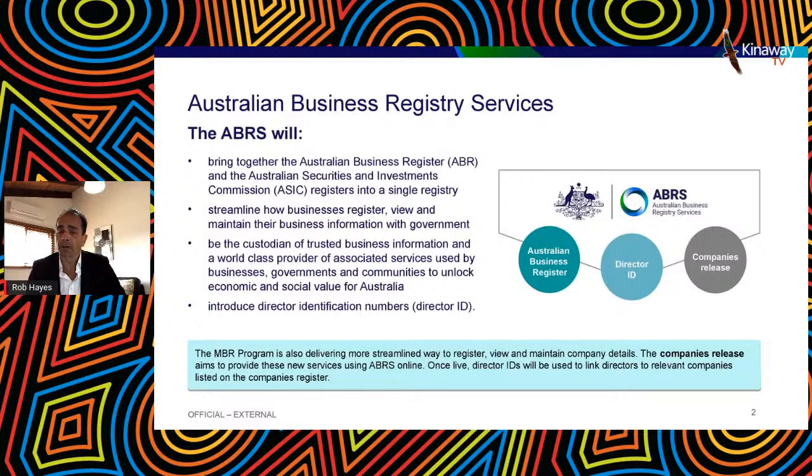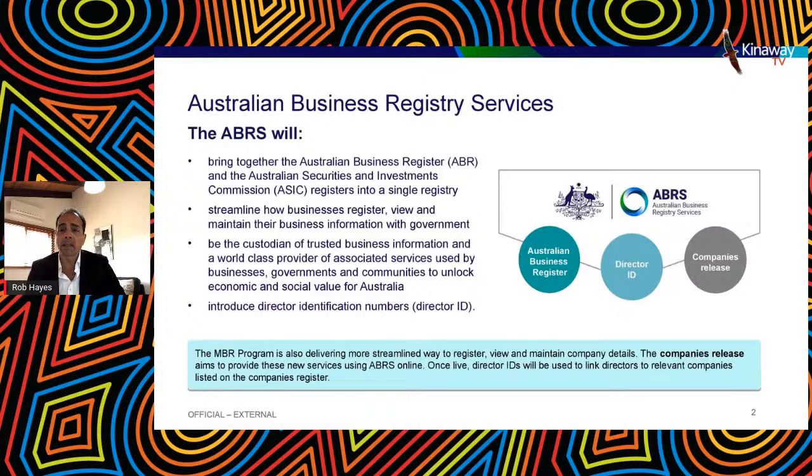The MBR program aims to deliver new services to help businesses in streamlining the way that they register and maintain their details. Many of you may well be dealing with the Australian Securities and Investments Commission and lodging notifications through their services. And the ABRS, in the fullness of time, will be administering a new service delivered on a new registry platform.